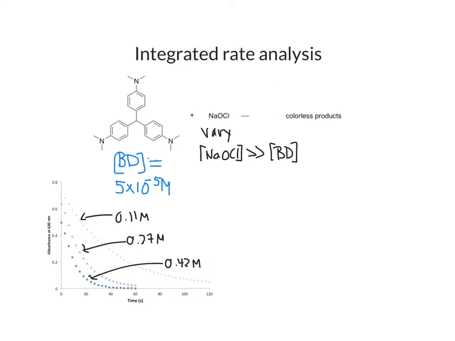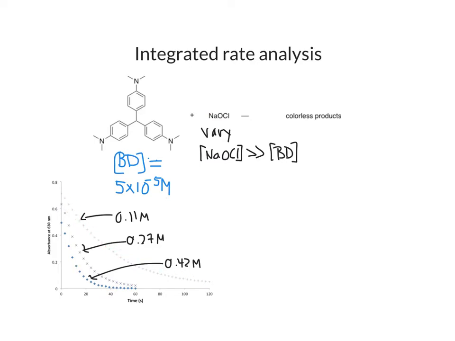So the maximum amount of bleach that I can use up in this reaction, which is 1:1, is going to be 5 times 10 to the minus 5. So if I think about the amount of bleach that I started with, subtracting the amount that I use up, I essentially still have the amount that I started with, because I'm going to use up such a small amount of bleach that this bleach concentration is going to stay constant throughout this entire time course of this reaction.